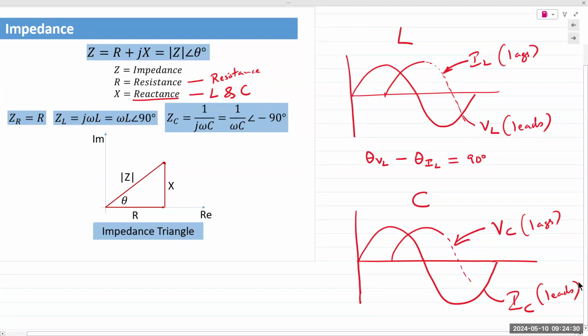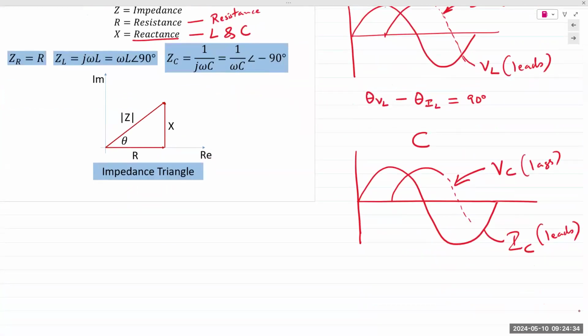Okay. So for a capacitor, theta VC minus theta IC is equal to minus 90 degrees, always. This would be plus 90. In a capacitor, it's always minus 90. Okay.